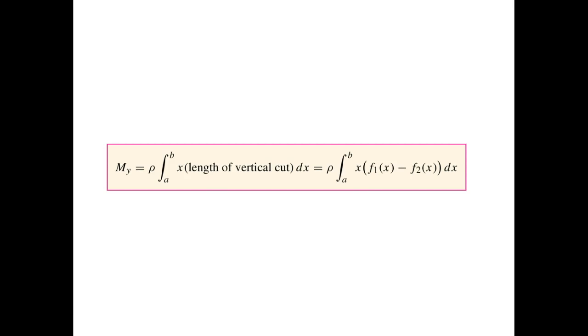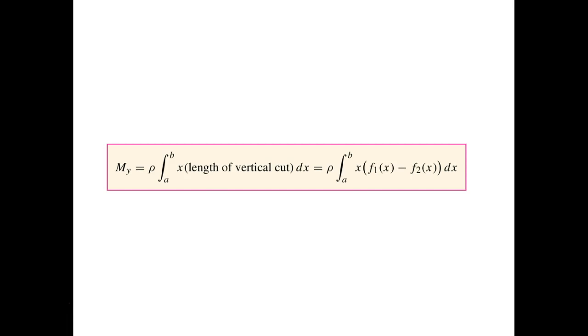The integral from this, the length. I was going to say x is not the length of the vertical. It's x, that's the distance from the y-axis, your x displacement, times the length of the vertical cut, which is your, okay. Sorry, now I know what they're doing.